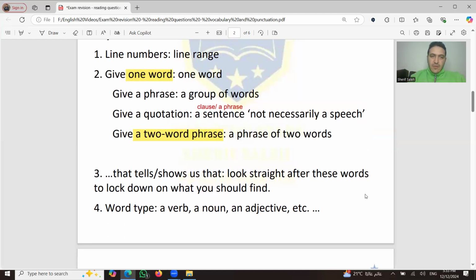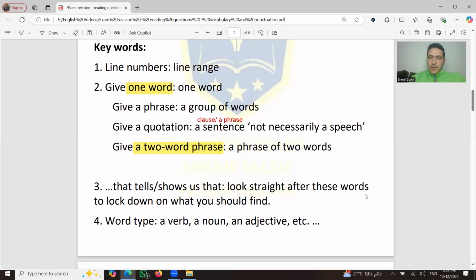The third point that we need to pay attention to in vocabulary questions is a question that says find and copy, for example, a word that tells or shows us that that person was sad.